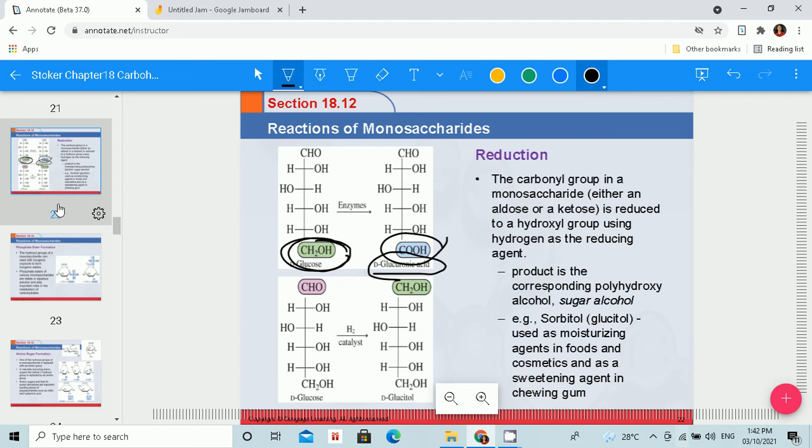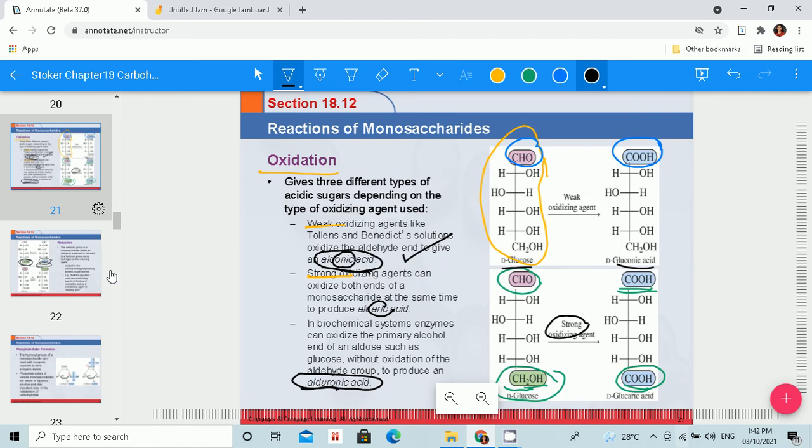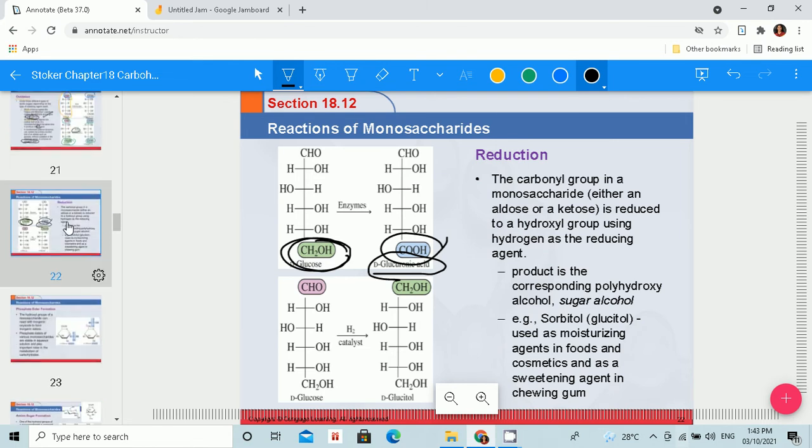So that's all for our oxidation of monosaccharides. Then we also have reduction of the carbonyl group in a monosaccharide, either an aldose or ketose. Class, we only tackle the monosaccharides and aldehydes in oxidation because when you oxidize a ketone using Tollens, it's not possible.